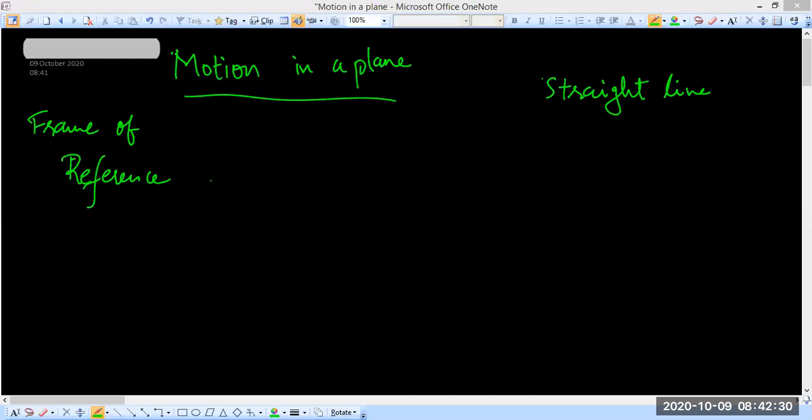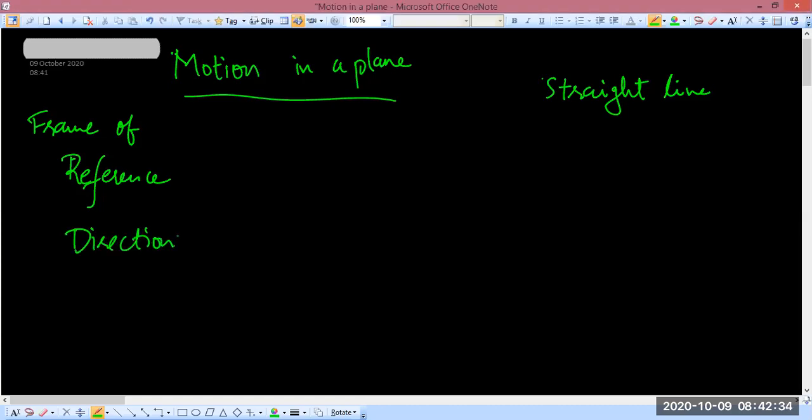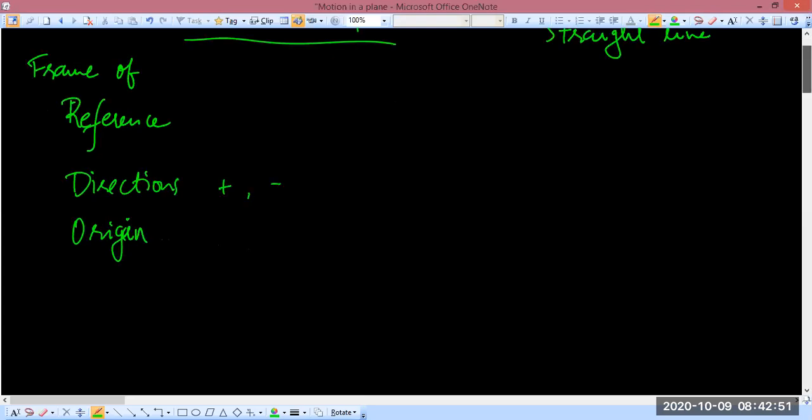So you are going to specify directions as positive, negative. You're going to specify origin. You're also going to specify the clock, that is when does time t equal to 0 occur.